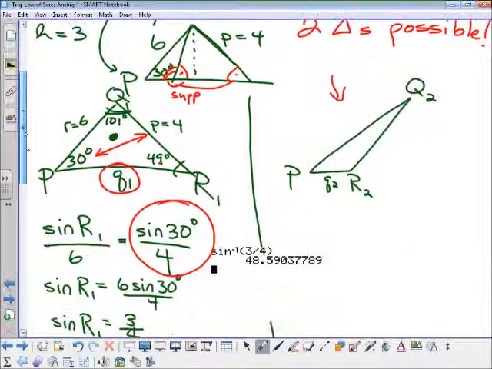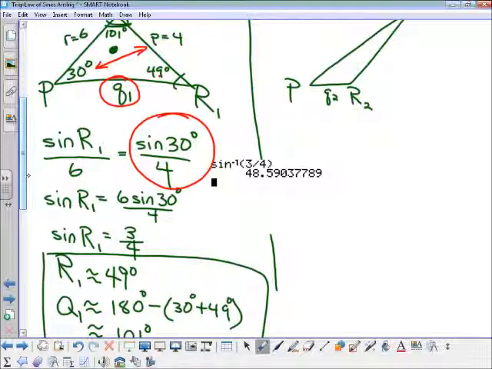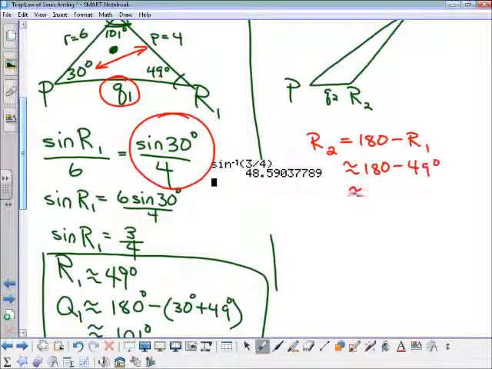Okay, so to figure out R2, it's just going to equal 180 minus R1. R1 we approximated to be about 49 degrees. So this is 180 minus 49, which is 131.